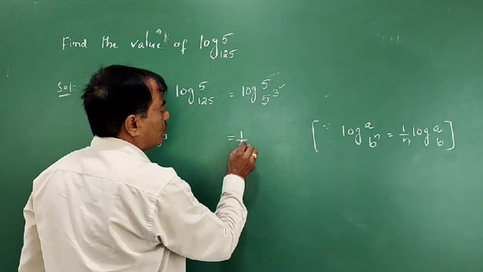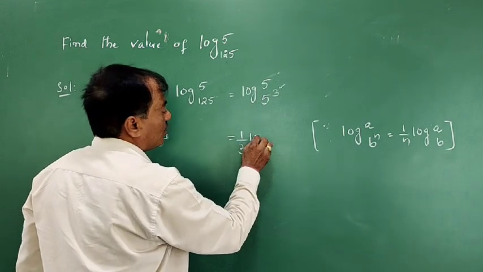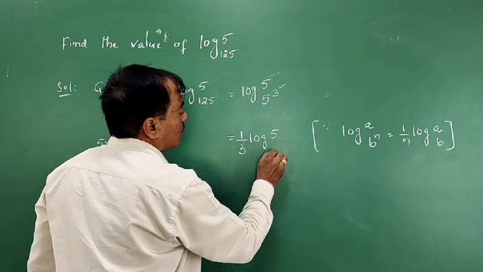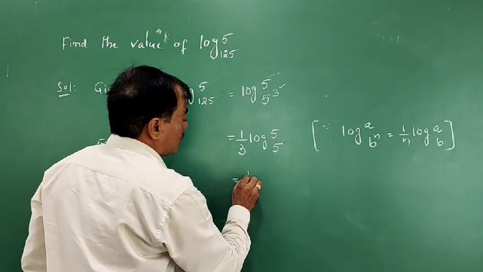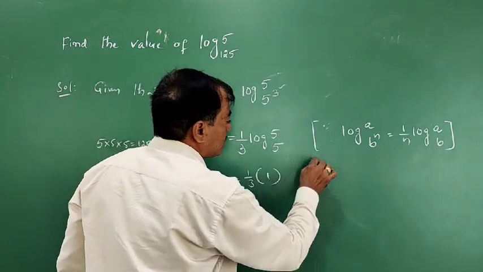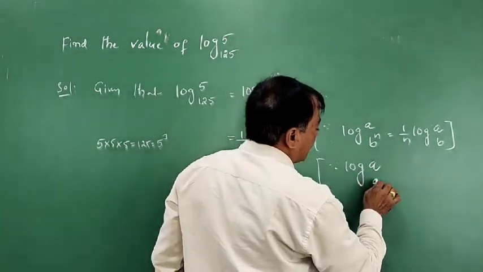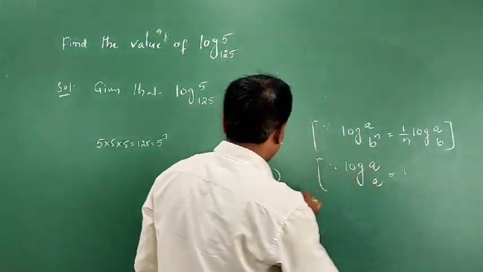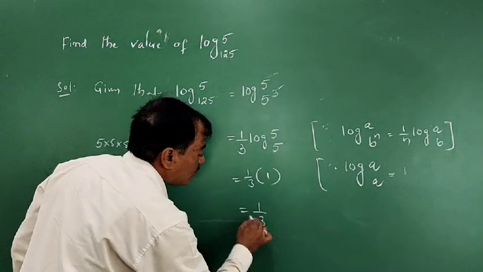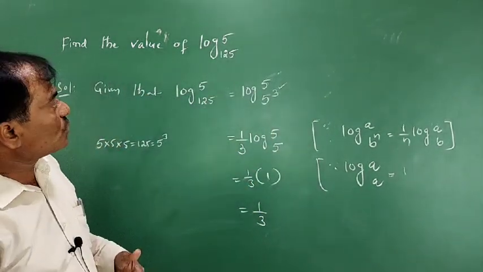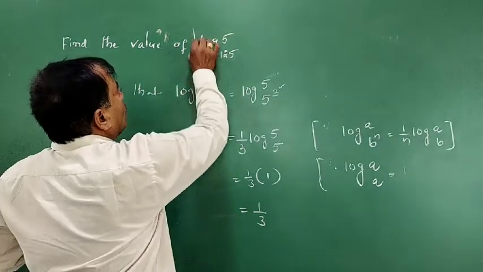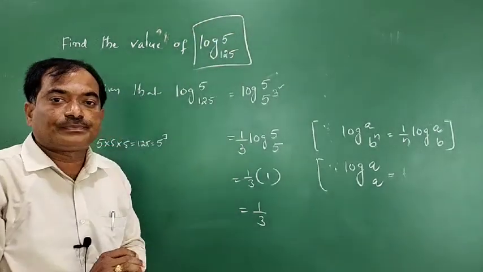What is n here? n equals 3. So 1 by 3 log 5 to the base 5, and this is equal to 1 by 3 of 1. Why? Because log a to the base a is equal to 1. So finally this value equals 1 by 3. So this is the process of finding these kind of logarithm values.